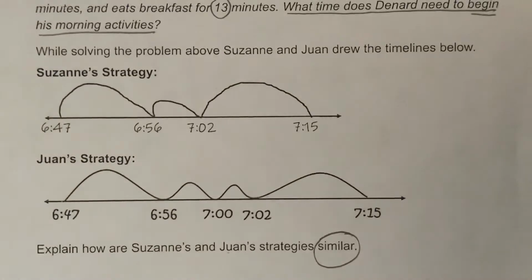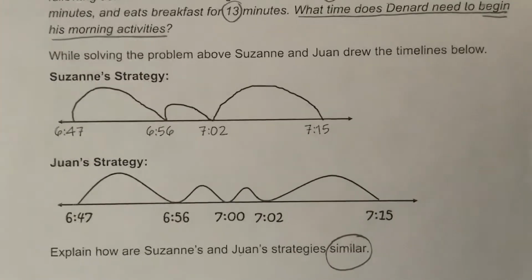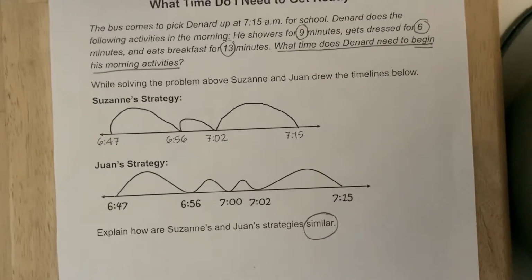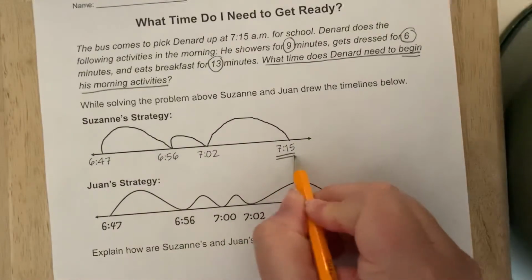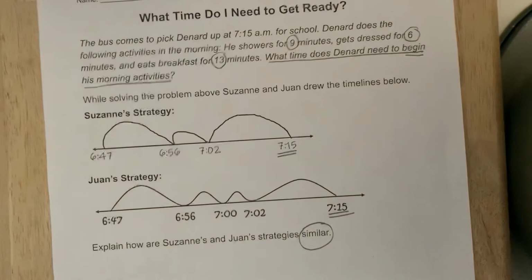Okay, I notice that time is going to have to go backwards on this number line. So we have to think, how can time go backwards on a number line? Well, you can start at 7:15. Both Suzanne and Juan started at 7:15.